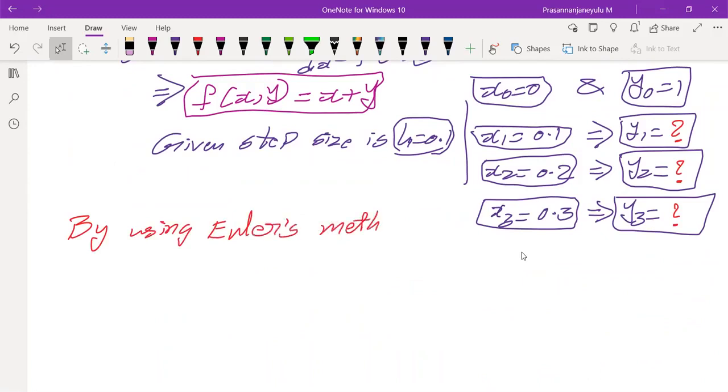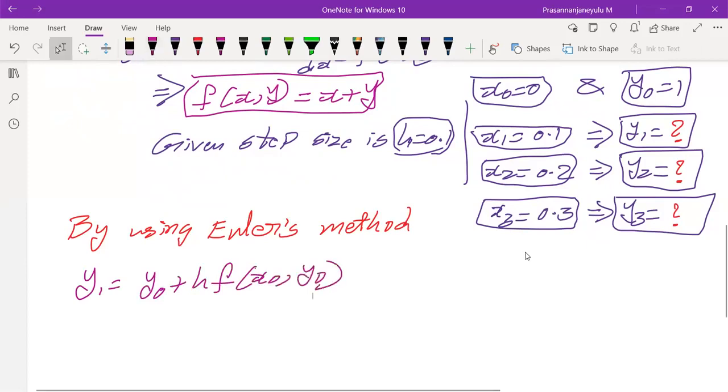What is the y1 formula? Y1 equals to y naught plus h into f of x naught comma y naught. So substituting here y naught and x naught values, y naught is 1 plus h is 0.1 into f of x naught comma y naught. How we can write f of x naught comma y naught?